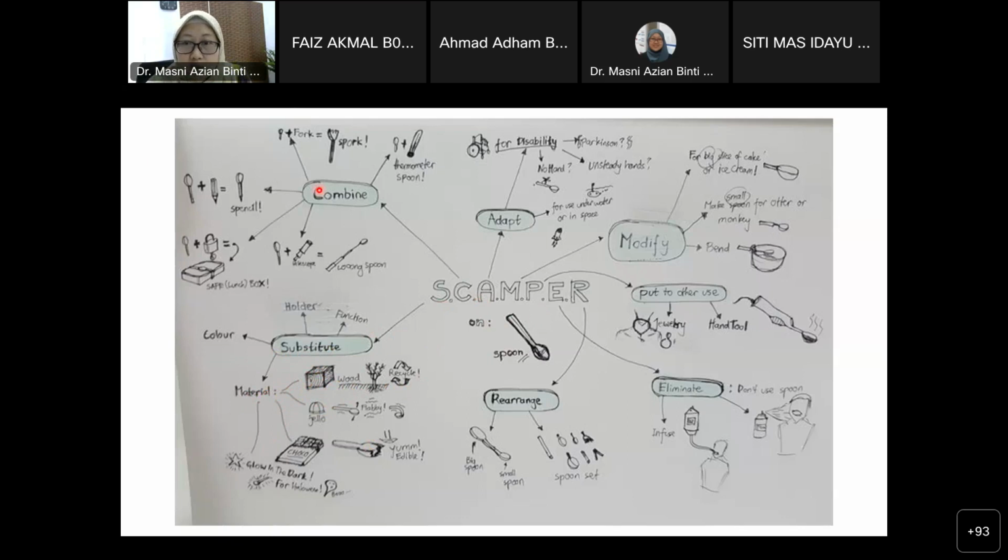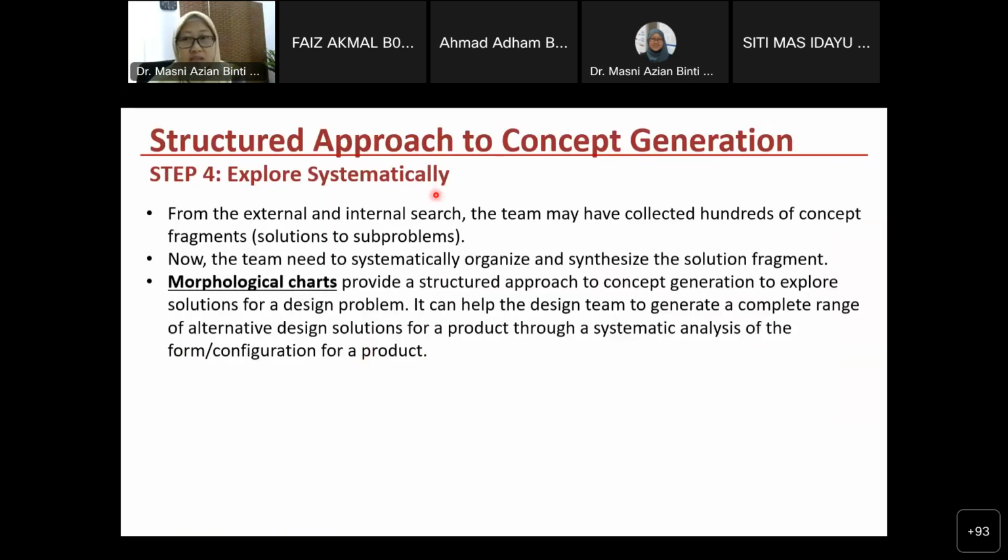Okay, the second one, combine, adapt, modify. So you study this mind map, you study this map, and you try to adopt it into your project. Okay, so it will be very convenient for you to come up with many different ideas using the Scamper method. Okay, so the next thing, bila kita dah dapat banyak idea, maybe you akan dapat hundreds of idea, hundreds of design solution. So basically daripada internal search lah, from external search, you will find the existing solution.